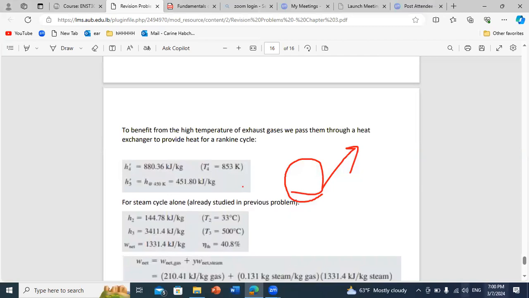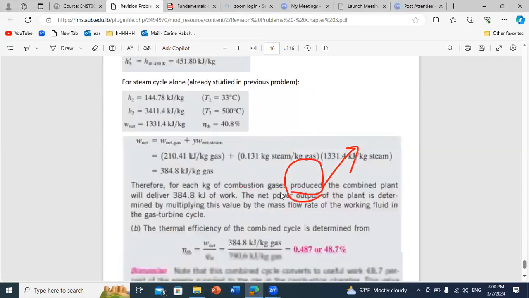So when we combine both, we can find W net for the two cycles. So as we mentioned, we should add W net gas plus Y times W net steam as we derived together. And then we should divide it just by Q dot N for the gas cycle, because we said there is no boiler for the steam Rankine cycle, since heat is completely supplied by the hot gases that are a free resource that we use by using waste heat to drive a new cycle.